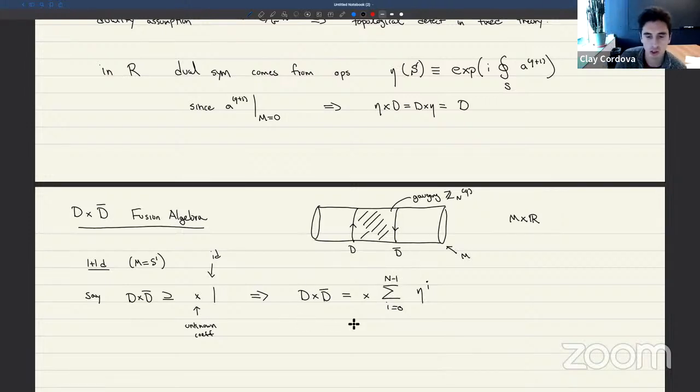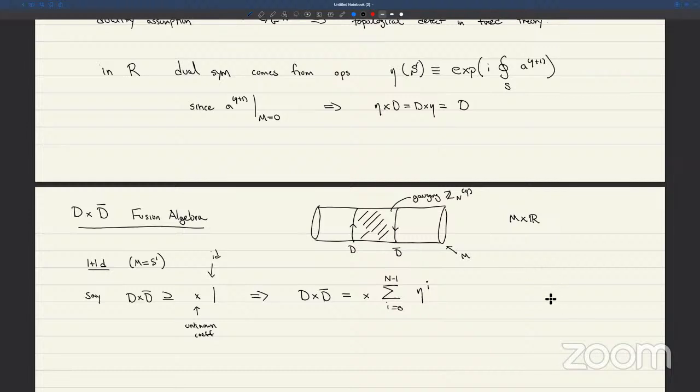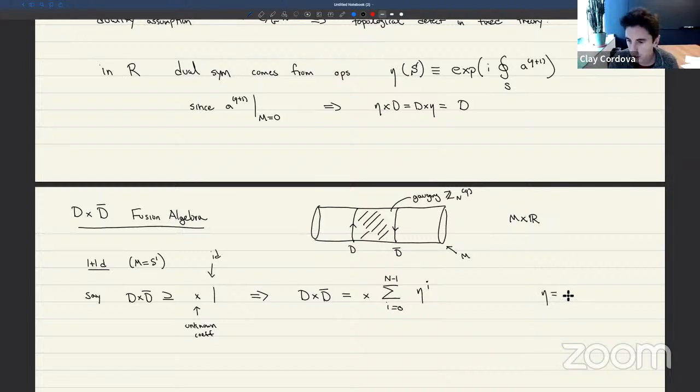Okay, now, so what's going on? Let's try to understand this formula. So we have D times D bar gauge theory in this thin slab. And we have therefore this Zn zero form gauge theory in this thin slab. And we now see that this fusion algebra is some number times a sum over these etas here, eta to various powers. And remember that eta is just, in this case, the integral over S1 of this one form dynamical gauge field.